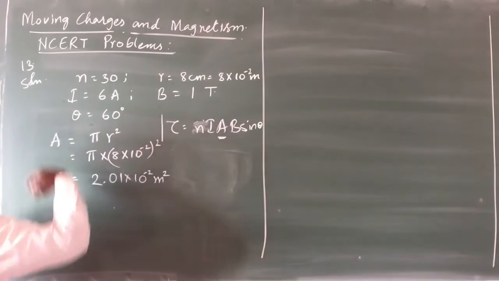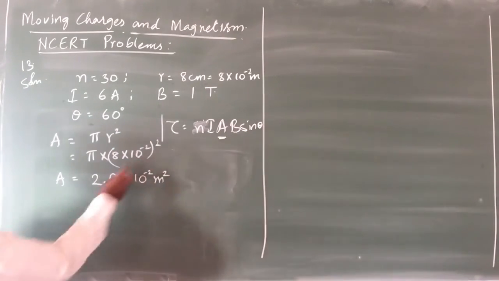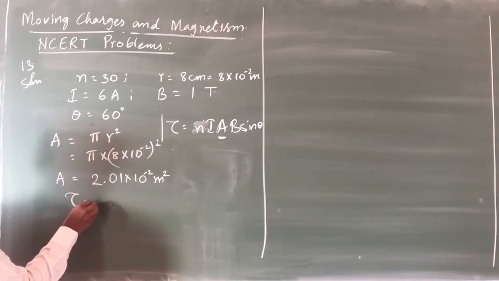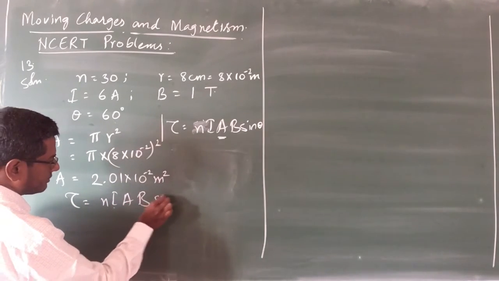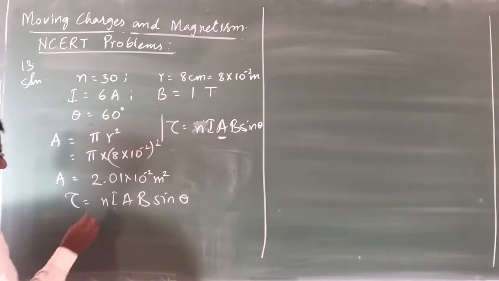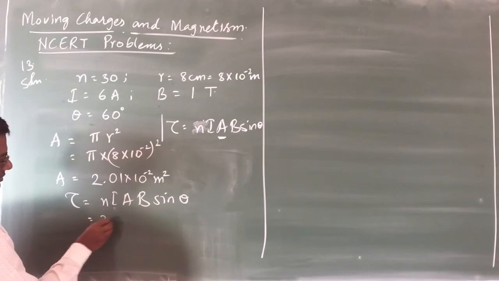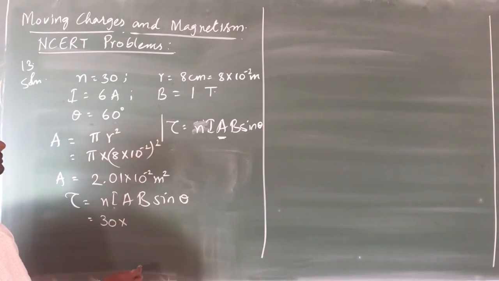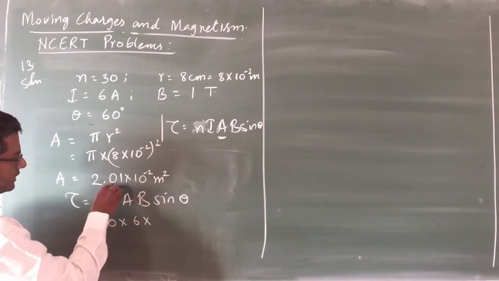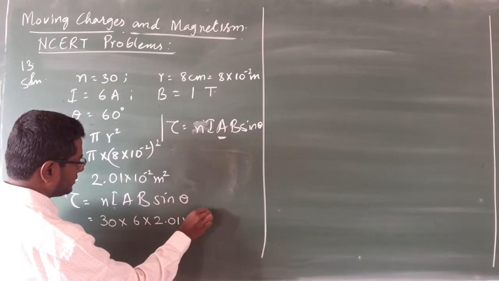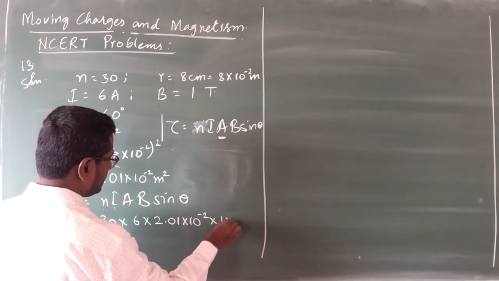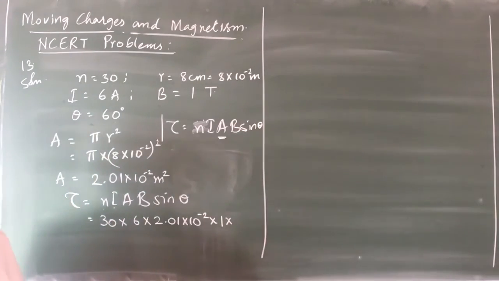Now we have all the terms which are required, so we can directly substitute it as tau is equal to n I A B sine theta. So this is going to give me n is 30 into I is 6, area we have just calculated 2.01 into 10 to the power of minus 2, into B which is 1 Tesla, into sine theta, that is sine 60°.